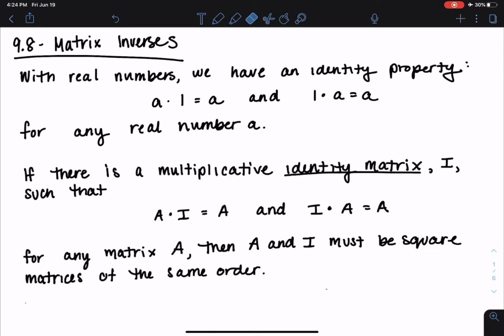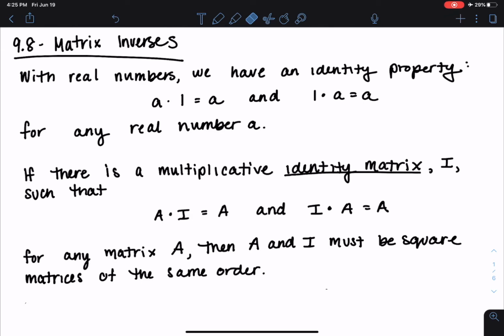So if there's a multiplicative identity matrix, which we're going to call I for identity, such that if you take A, multiply it by the identity on the right-hand side, you get A back. Or if you multiply by the identity on the left, you're still going to get A in return. Regardless of what your matrix A is, that's going to be our identity matrix.